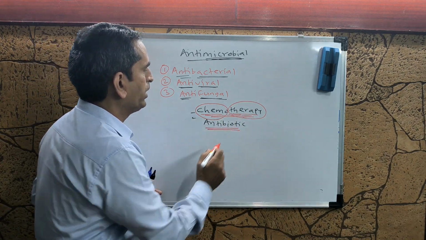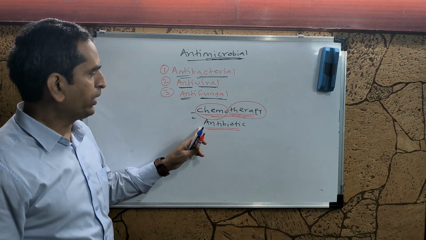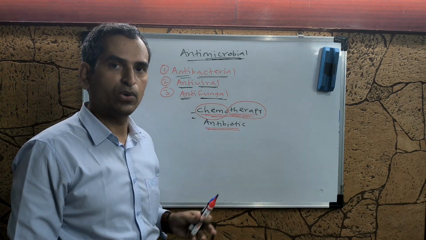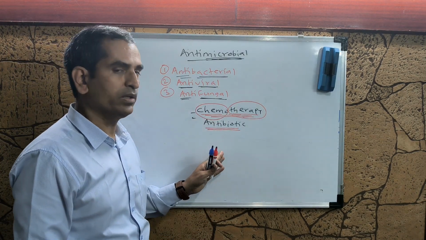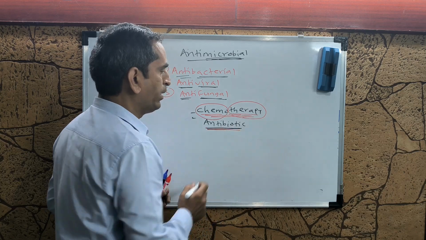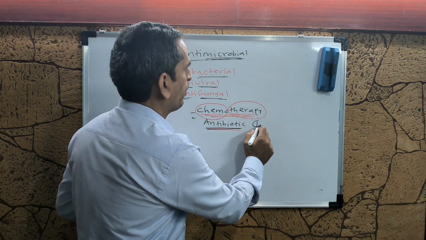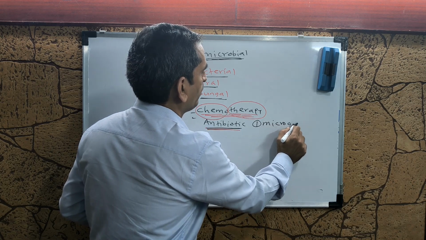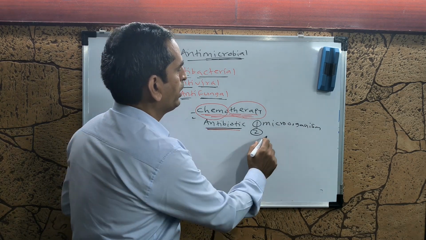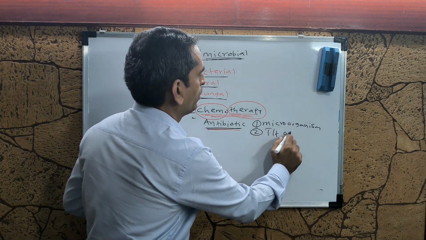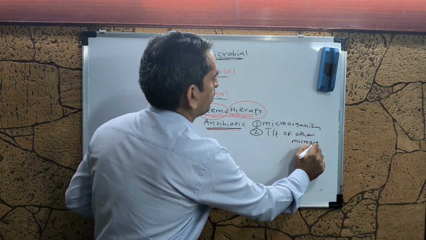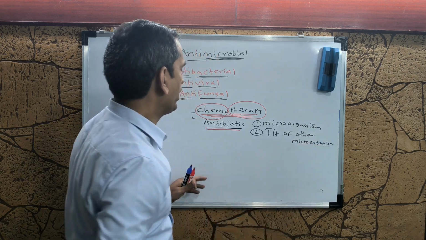The next terminology is antibiotic. Antibiotic means an agent or a drug which is derived from a microorganism, and it is used for the treatment of another microorganism's infections. So to be called an antibiotic, that agent has to qualify two things.